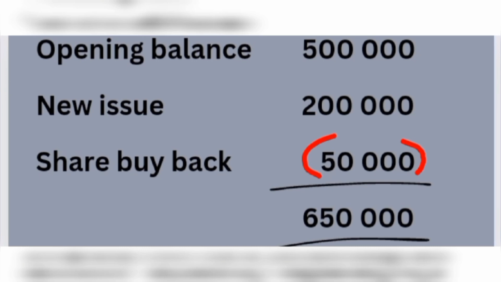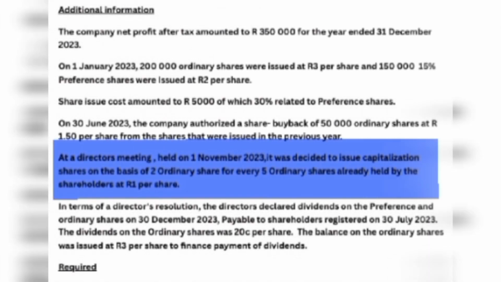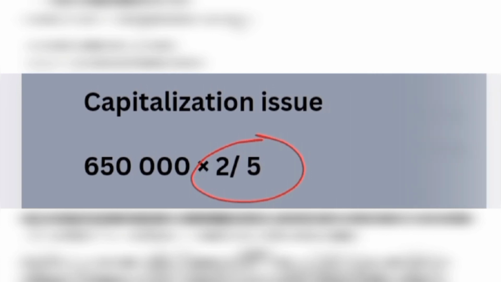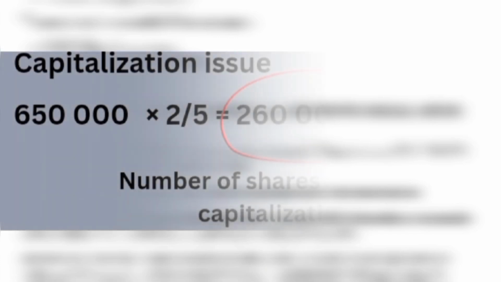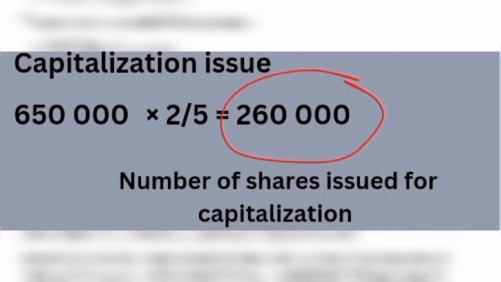We want to know how many shares we are going to issue for capitalization. Remember, the capitalization issue basis says 2 shares for every 5 shares already held. Let us do that. We have 650,000 ordinary shares times 2 divided by 5, which gives us 260,000 ordinary shares, which we are going to issue for capitalization at R1 per share.